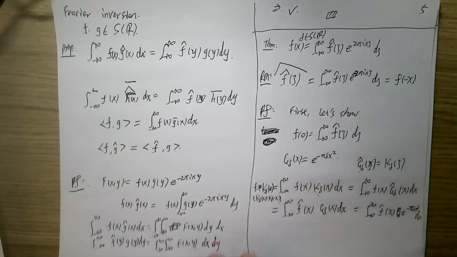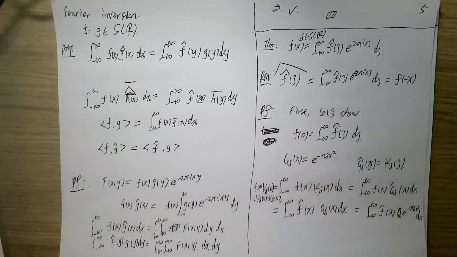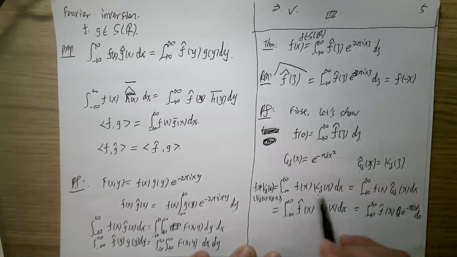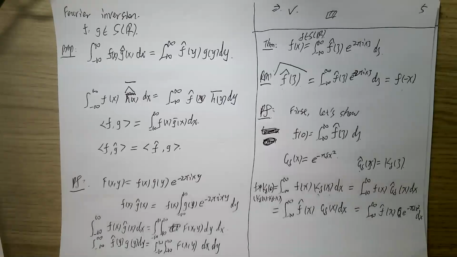Then if you take this convolution, what you get is k_δ f, f(t) times k_δ(0 minus t), and it equals this.